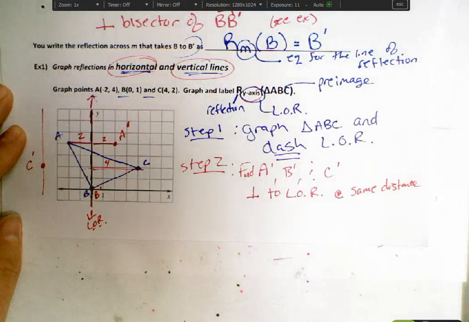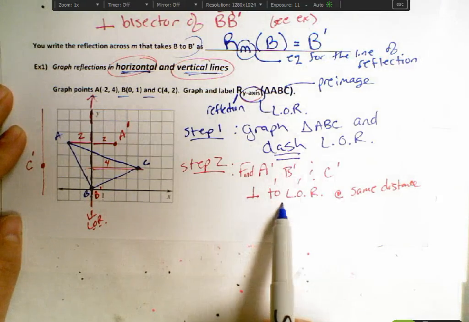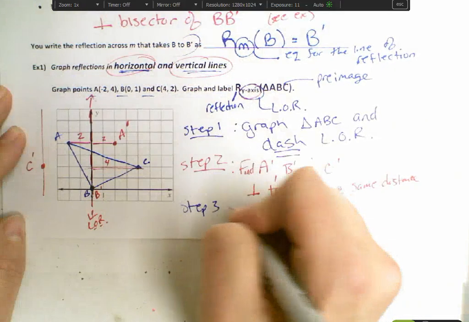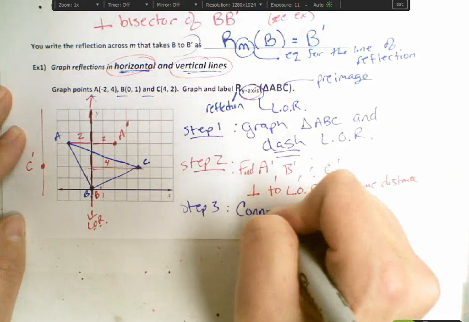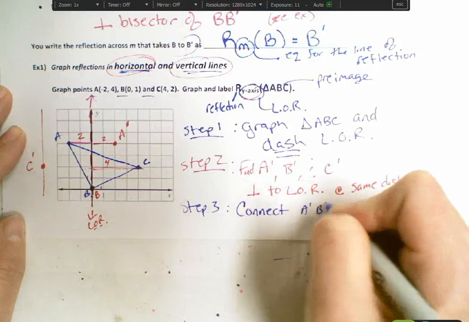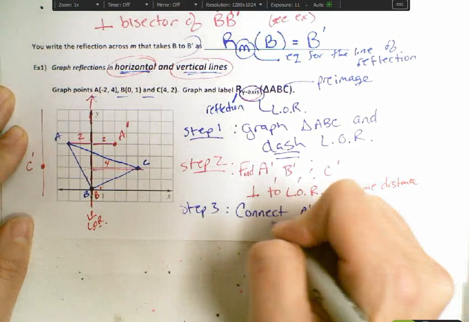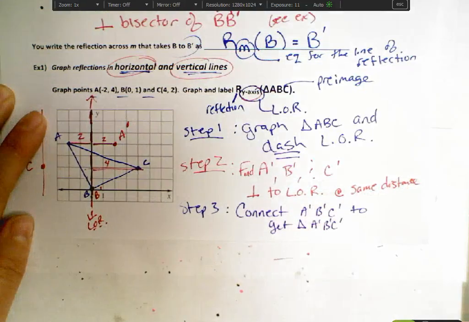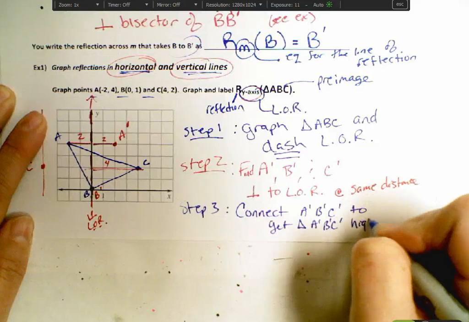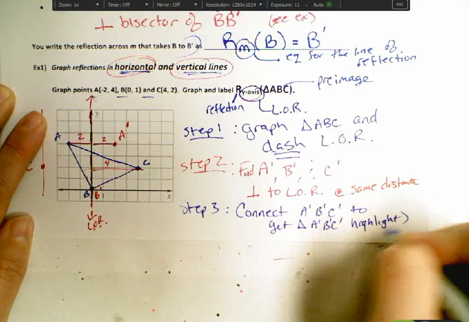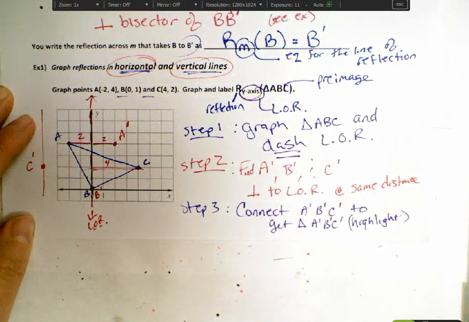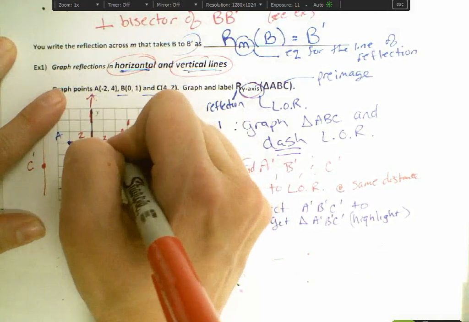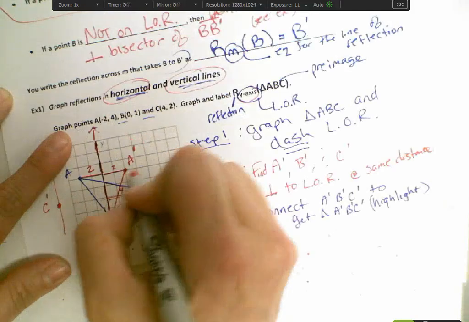I found each of my prime vertices, so step 3: connect A prime, B prime, C prime to get triangle A prime, B prime, C prime. Highlight. We're going to get in the habit of highlighting our images so it's easy to see what my transformed image position is.